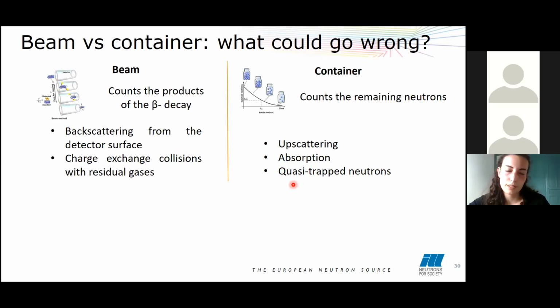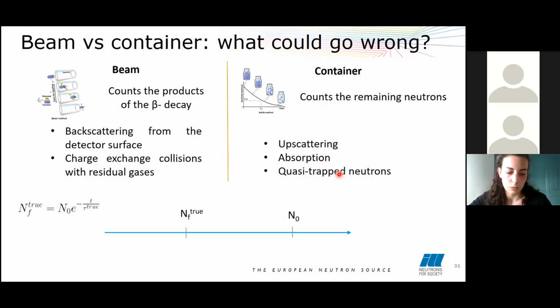It's believed that the problem of the container can be solved with magnetic bottles, for example, or by varying the geometric configuration of the trap or the energy range of the neutrons. So scientists believe that the container method is more reliable.